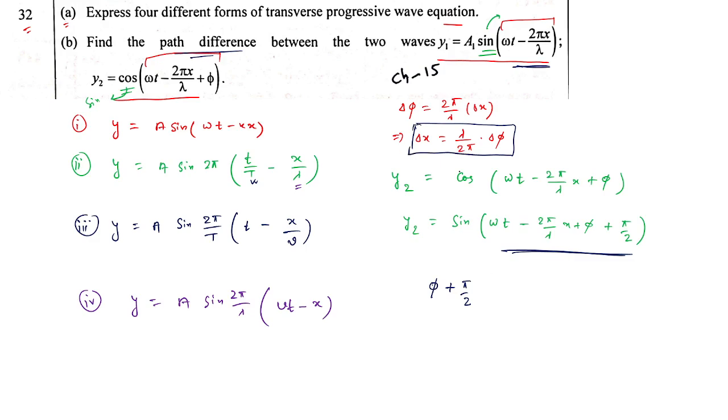So we multiply the phase difference by λ/2π, correct? Then this π will cancel out and we will have λ/4. So this is the corresponding path difference.